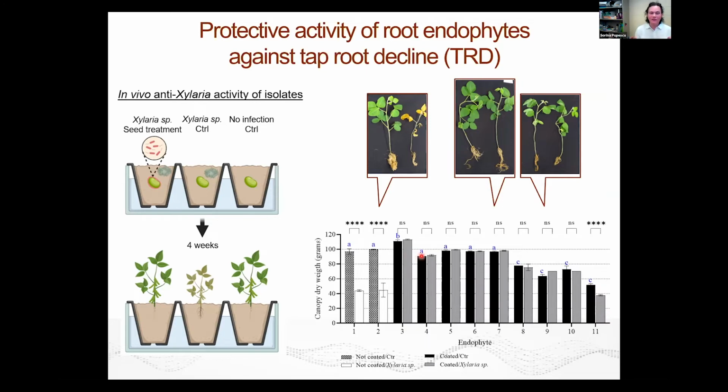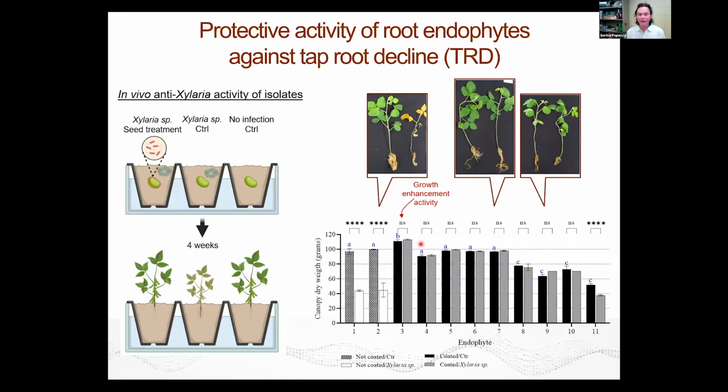Basically meaning that if we coat the seeds of these plants with these particular endophytic isolates, we obtain about 100% protection against taproot decline. Another interesting thing that we observed was that one of these strains actually helped the plants grow taller and larger leaves, so significantly larger than the control plants. So we see some growth enhancement activity for this particular isolate.